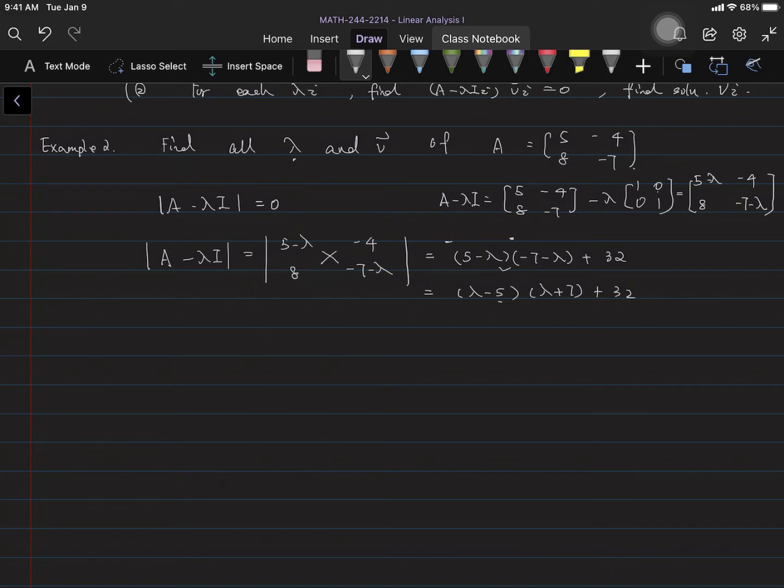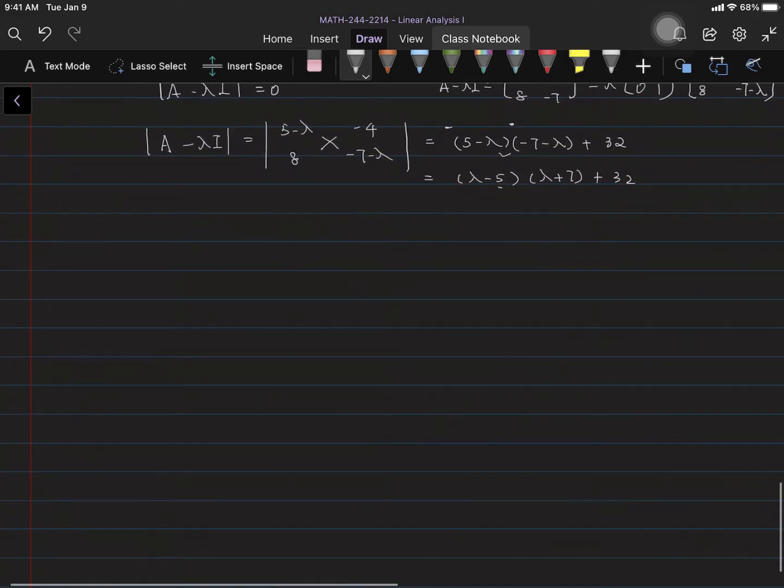Because usually it's easy to see the product this way. I like to change the position of lambda, like multiplying by -1. And let's expand. Lambda squared, and the middle part should be plus 2 lambda, the sum of those two numbers, and this number should be the product of those two numbers. Simplify: lambda squared plus 2 lambda minus 3.